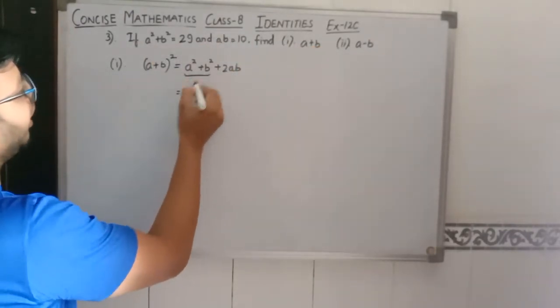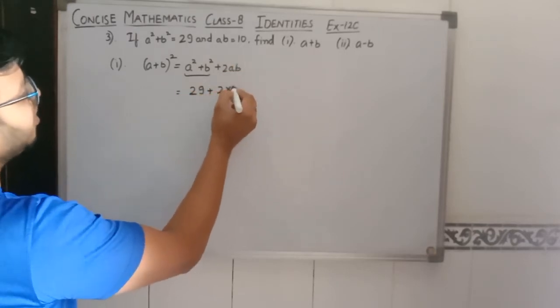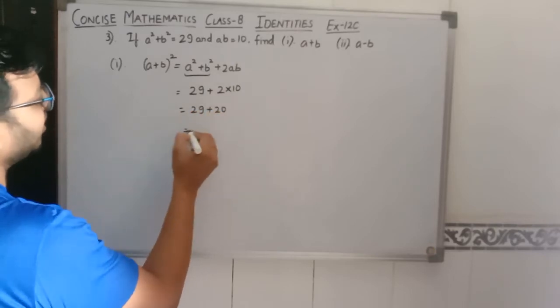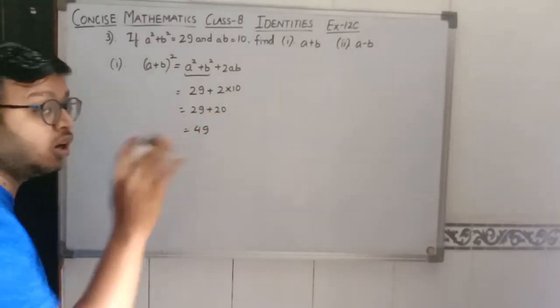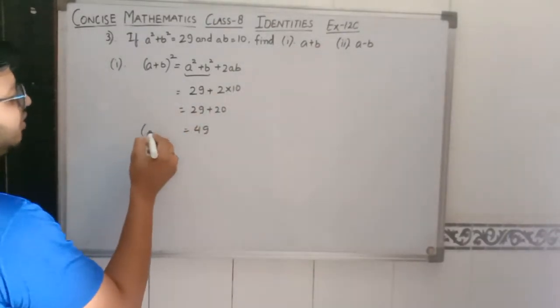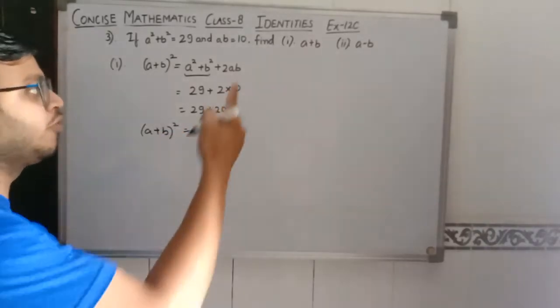Now the value of a square plus b square is 29 and the value of ab is 10, so it will become 29 plus 20, which is 49. But that is not our final answer. We have to find a plus b, and this is the value of a plus b to the whole square.